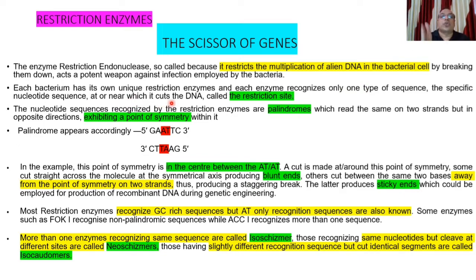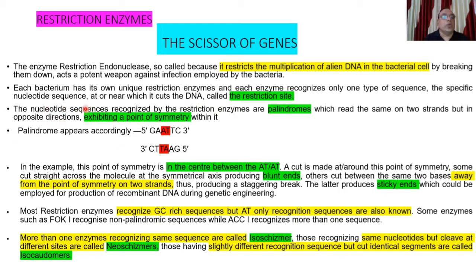The enzyme recognizes a specific sequence of nucleotides on the DNA, and it can cut either across that particular recognition point, or it can cut a few bases on either side of the recognition point. So we shall see how this cutting takes place.